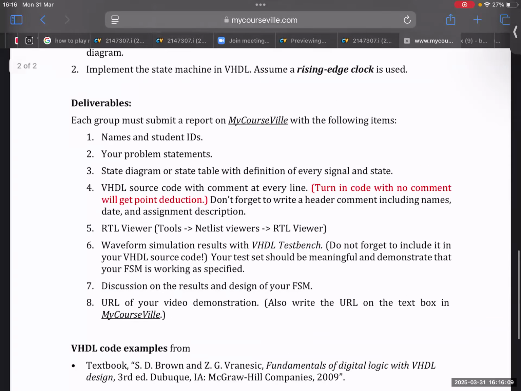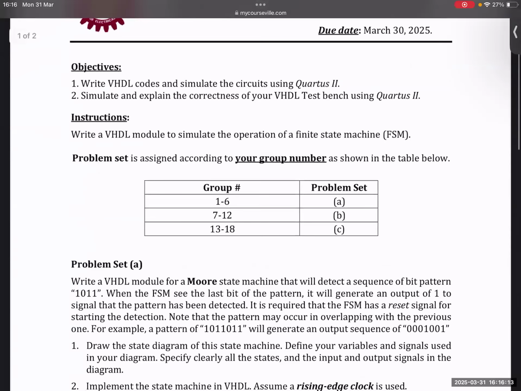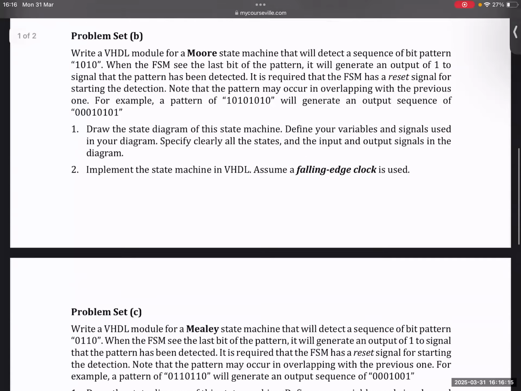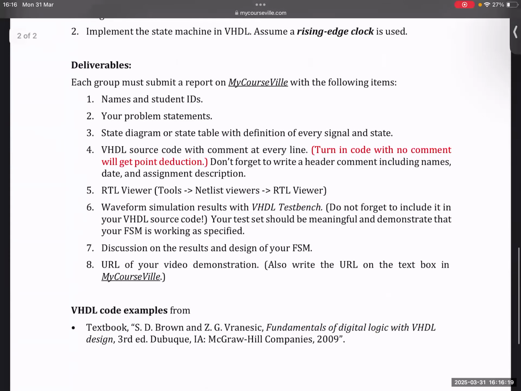Explain what you do to get the results that you have, because you write it out, right? You have to demonstrate what you do in order to get the results that you have. Yeah, but I figured there's already a discussion on the results and the design. So do we just repeat that in a video format?